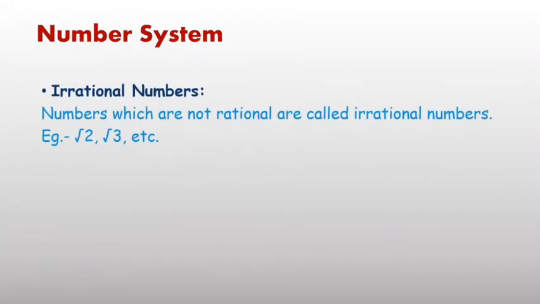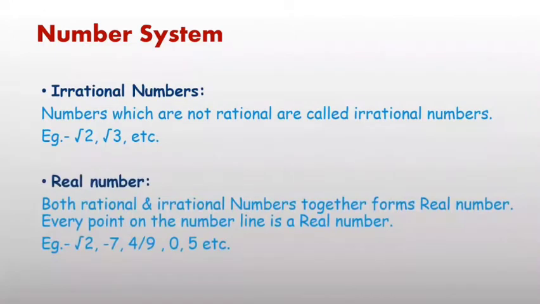Irrational numbers are numbers which are not rational, and the combined form of both rational and irrational numbers is known as real numbers.